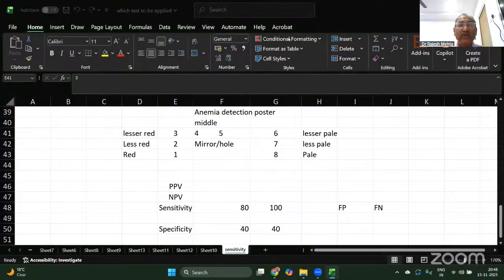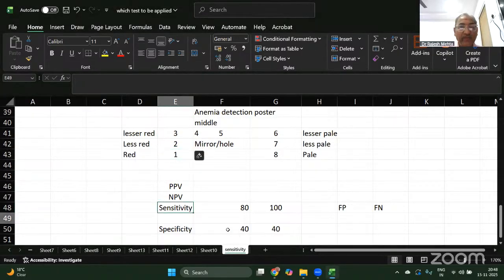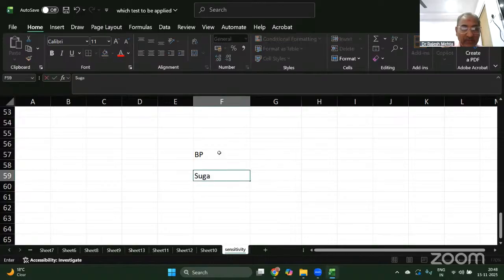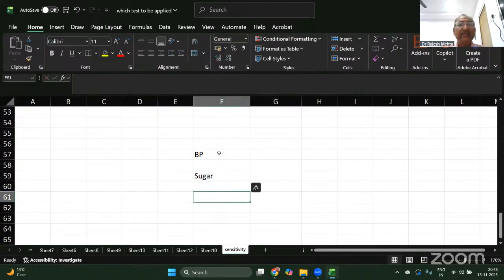It's a question of measurements like blood pressure, BP, then comes sugar, everywhere.